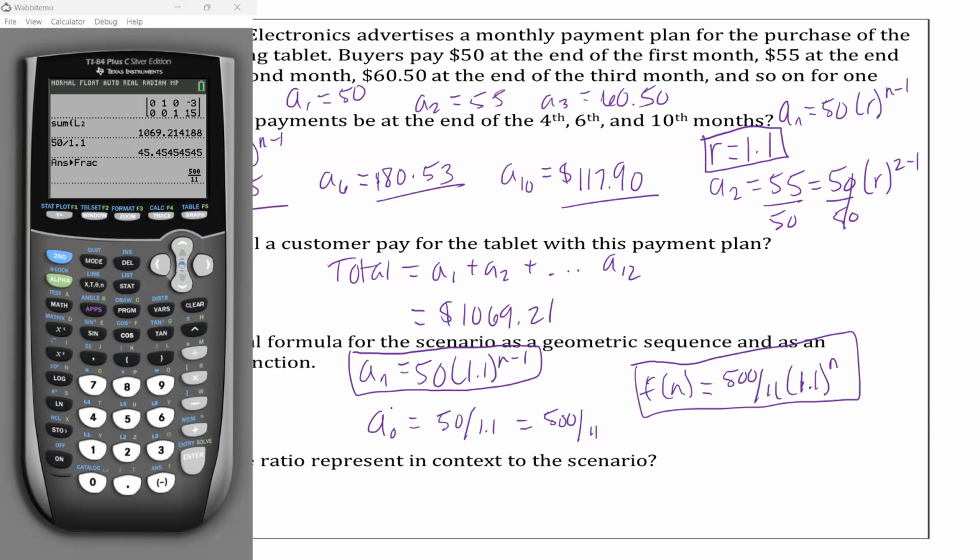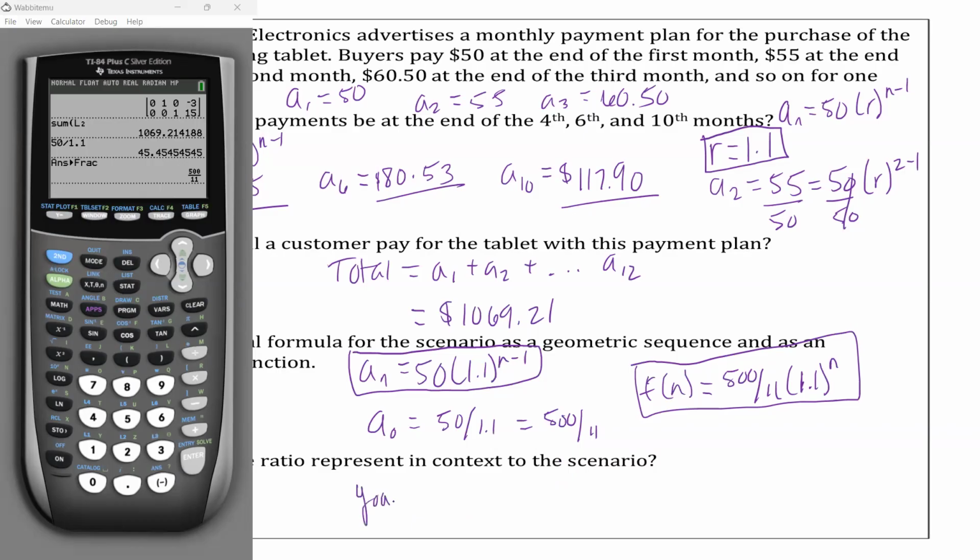Okay. All right. So in terms of what's happening, what does this mean for this problem? Well, this is just basically an interest problem. Okay. It's an interest problem. So what this means in terms of this problem is that you're paying 100 plus 10% interest on your balance each month. So that's what your payment is doing.